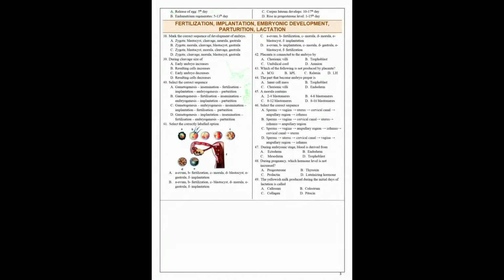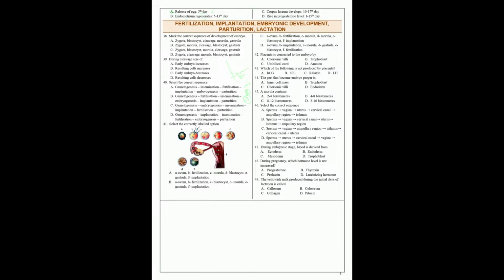Now, endometrium regenerates 5th to 13th day. Yes, it regenerates, but most of the regeneration, the maximum development of the endometrium, takes place after ovulation only. Corpus luteum develops 10th to 17th day.